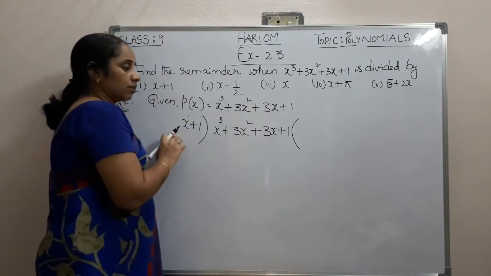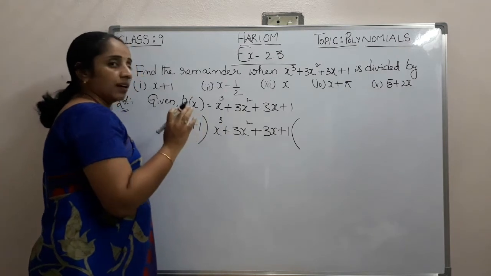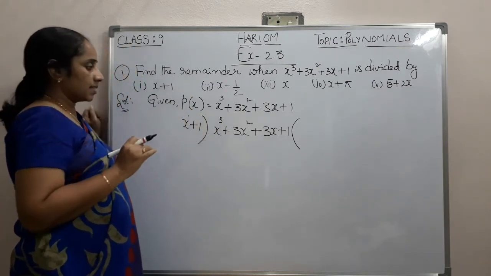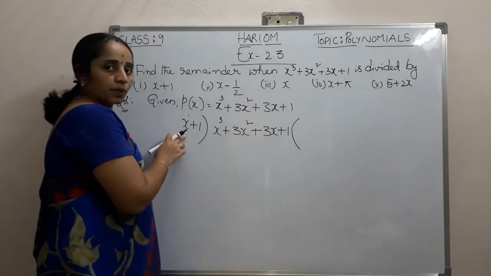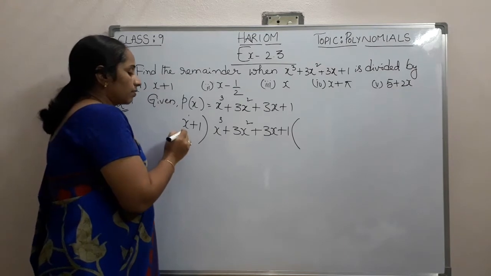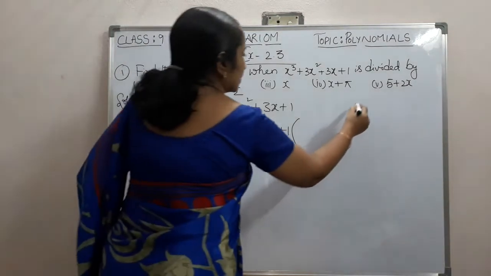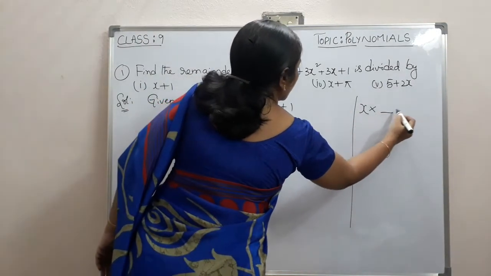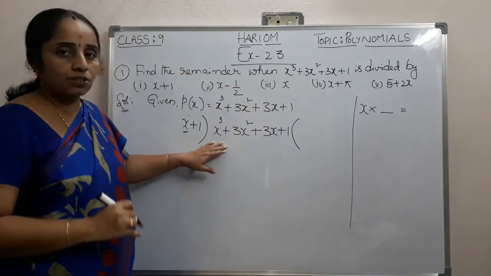To do this division we first have to do some groundwork. In this linear polynomial we have the first term x. By which number do we have to multiply x to get the result x cube?